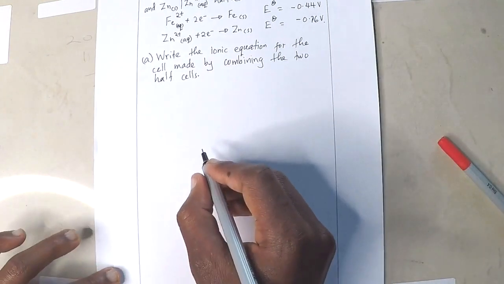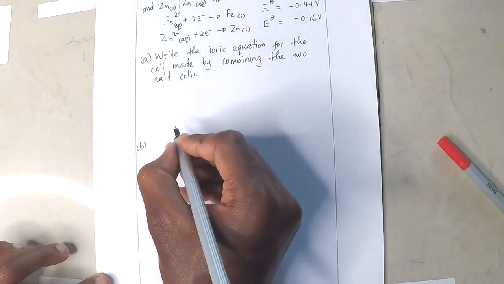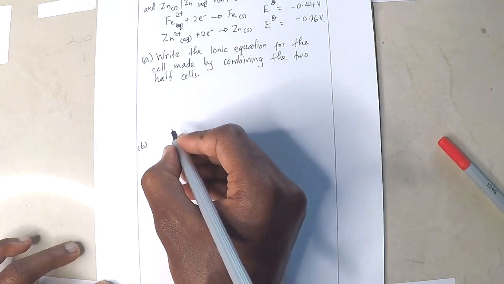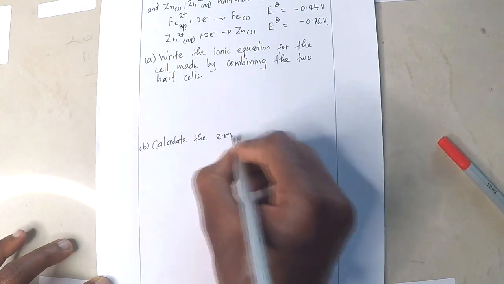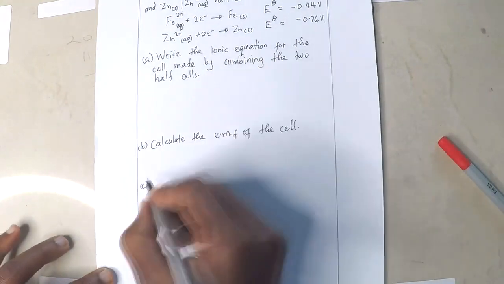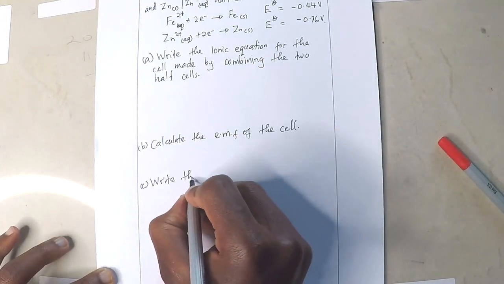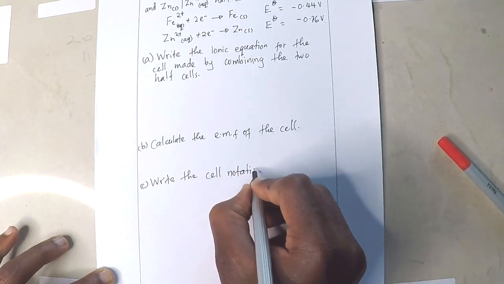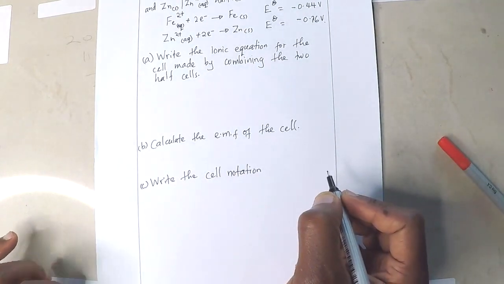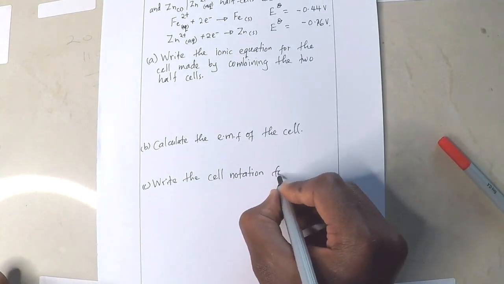And then secondly, calculate the EMF. Then the cell notation for the cell.